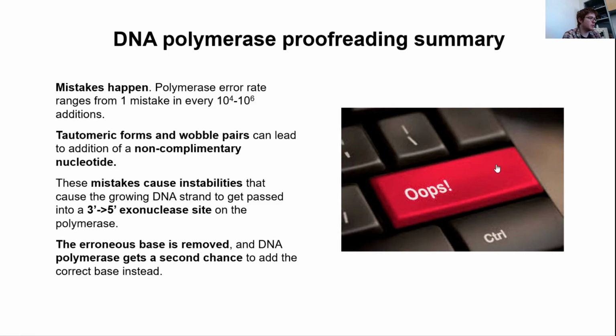So to sum up what we learned about the proofreading part of DNA polymerase, we observed that mistakes happen. The polymerase is really good, but it's making about one mistake every 10 to the 4th or 10 to the 6th nucleotide additions. And the types of mistakes that it's going to make arise from the tautomeric forms of nucleobases or wobble pairs that can lead to the addition of a non-complementary nucleotide to the growing strand.